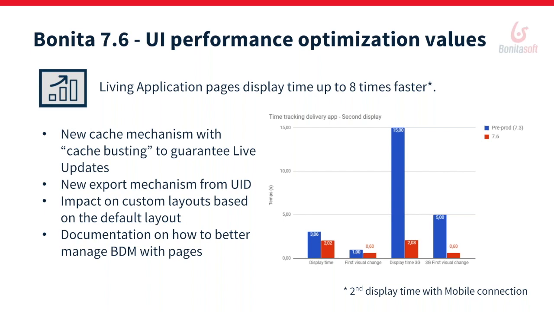Before 7.6, when you exported the page, you would export each single JavaScript file used by the widgets in your page. And when the browser loaded that page, it would have to download all the JavaScript files. What we did was implement a build phase in the UI designer, so it's transparent.